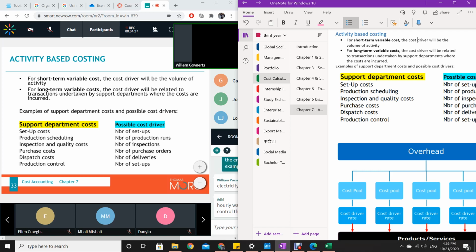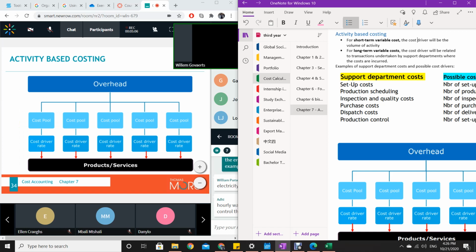So the hourly wage will result in a cost, but it is the total cost, which can be 5 people at a certain wage for $10,000, for instance. But you get to see how you can bring together this cost and incur it via a ratio, which is a cost driver to the different products, which consume this.